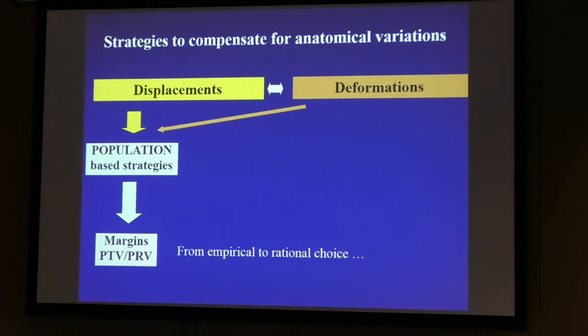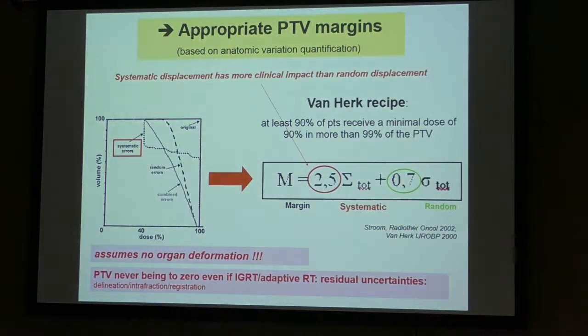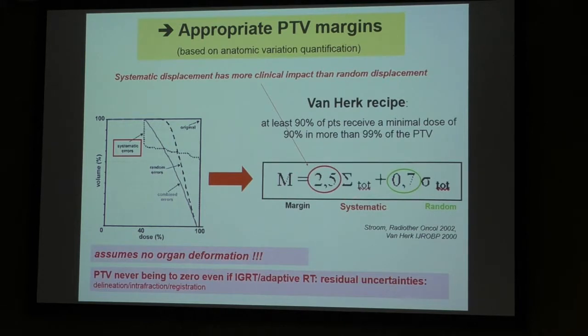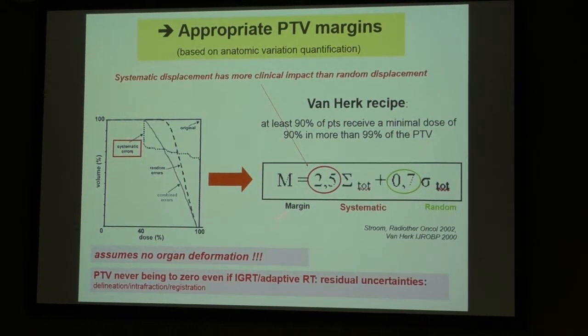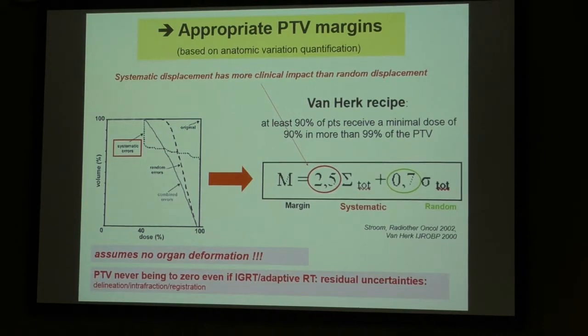But then, of course, the choice of this PTV margin has been more mathematically defined, based on several measurements and several recipes, like the Rennes recipe, really to define an appropriate PTV margin around the target.